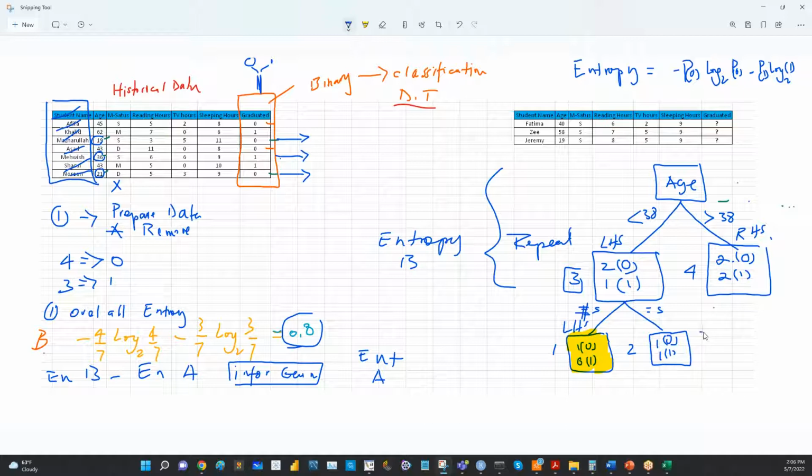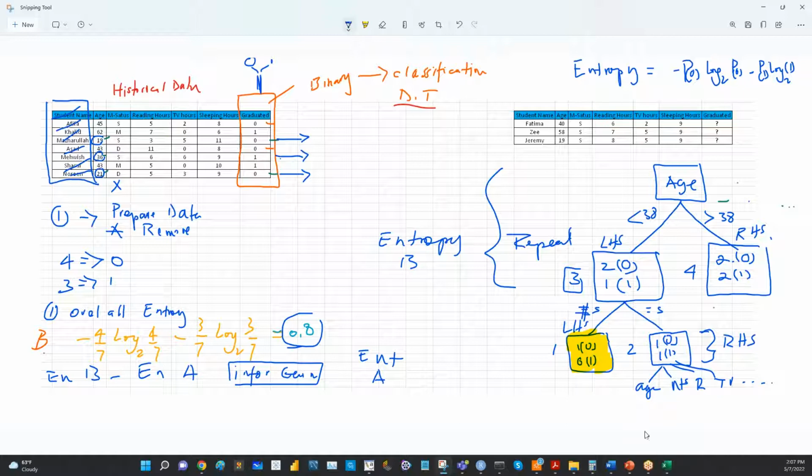We are going to calculate the entropy of the left hand side and the right hand side. We are going to split on age, on marital status again, on reading hours, on TV, on all features.